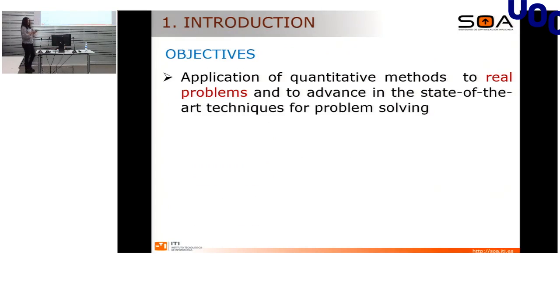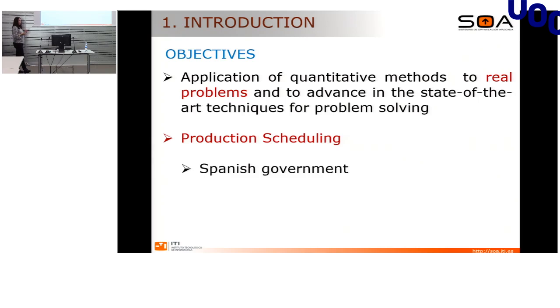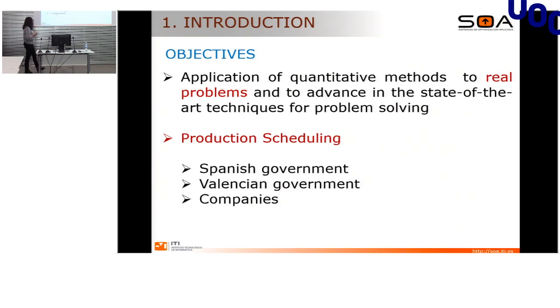Our objectives as a research group are, on one hand, the application of quantitative methods to real problems. We are always looking for real problems. And on the other hand, to advance in the state-of-the-art techniques for these problems. We have been working the last 10 years mainly in production scheduling problems funded by the Spanish government, Valencian government through several projects, and some private companies also.